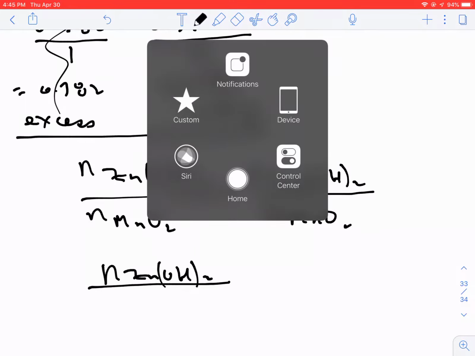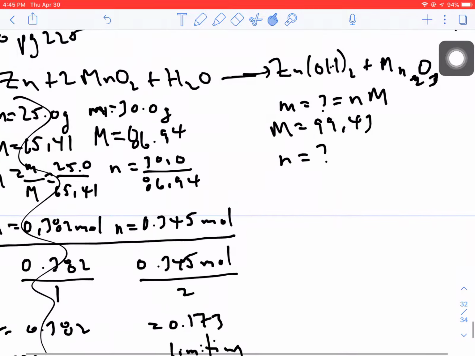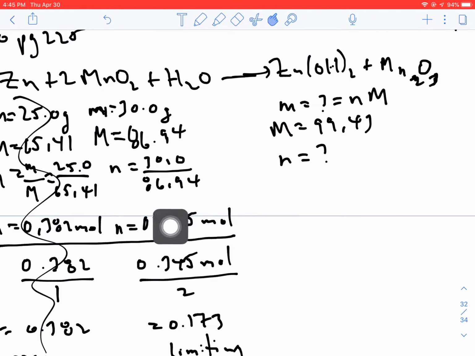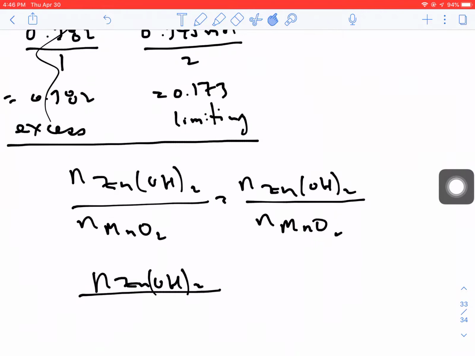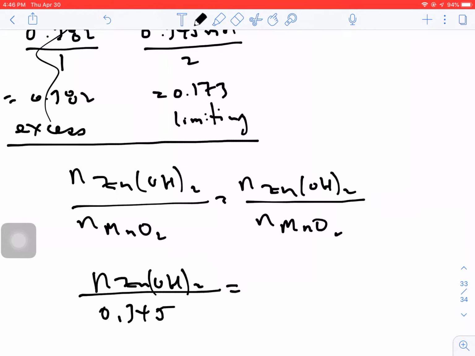That's what I'm trying to solve here, right? It's the number of moles of zinc hydroxide. That's my unknown. What's known is my number of moles of MnO2. It's 0.345 moles. So let's go back here. So my number of moles of MnO2 is 0.345 moles.